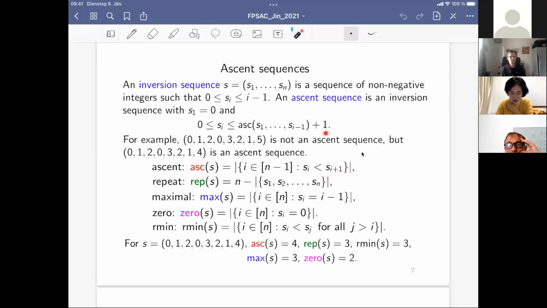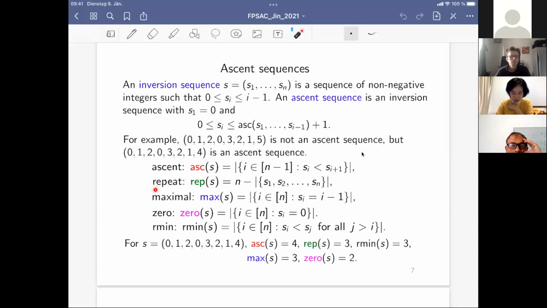According to this condition, for example, this sequence is not an ascent sequence because the last position should be at most 4. We count the ascents before the last position. How many? There are 1, 2, 3 ascents, meaning that the last entry is at most 4. So if we replace 5 by 4, it becomes an ascent sequence.